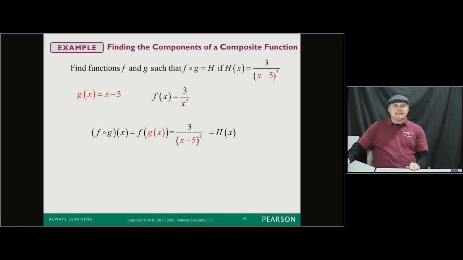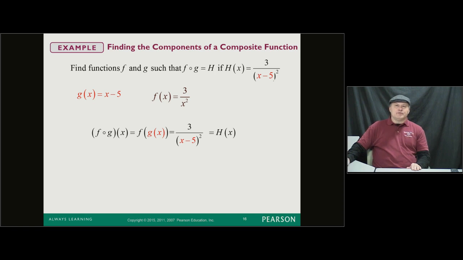For example, if I took x minus 5 and said, okay, that's g of x, then replace that term with x. You end up with 3 over x squared, and that's your first function. So it's basically one change for another is what you're doing.